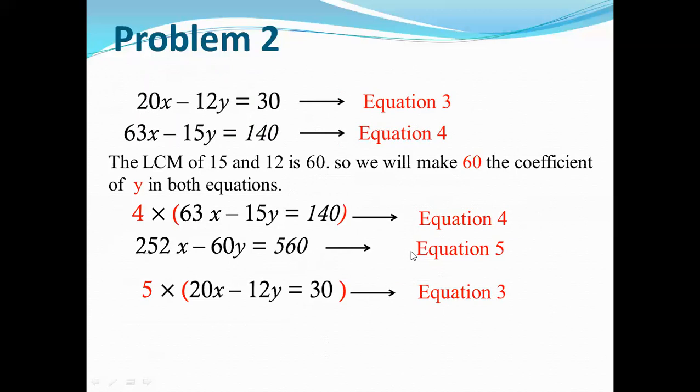This is our equation 5. And after multiplying equation 3 by 5, it turns into 100x minus 60y equals 150. We call it our equation 6. Now you can see both equation 5 and 6 have the same coefficient of y and both have the same sign as well.